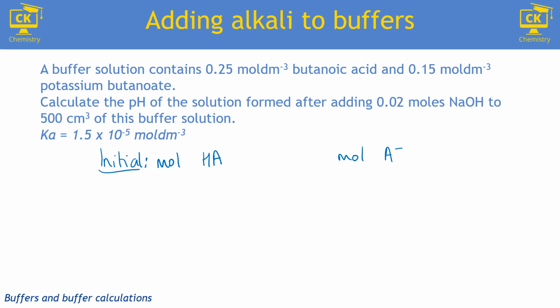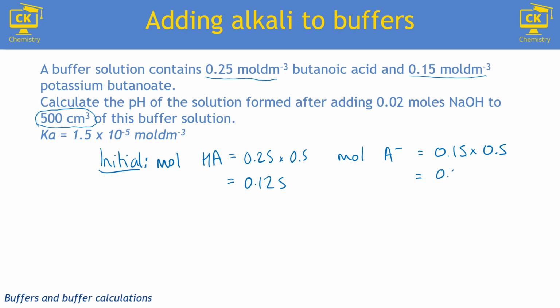We've got the concentration of HA and A-, and then we've got the volume. This is 500 centimeter cubed, so 0.5 decimeter cubed. So for moles of HA, 0.25 times 0.5, which is 0.125, and then A- is 0.15 times the same volume, which is 0.075.